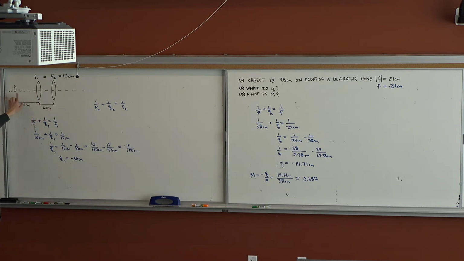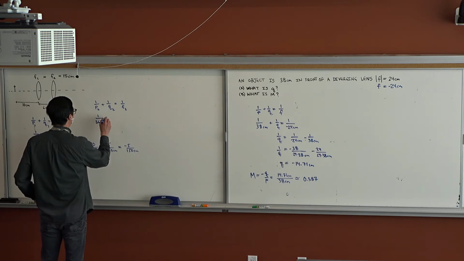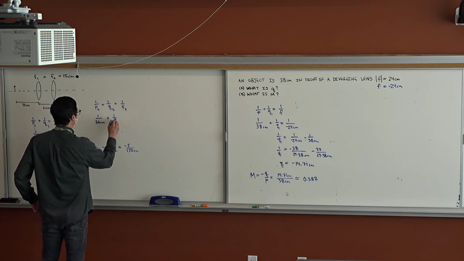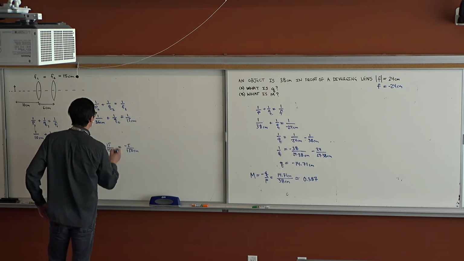That puts it 30 centimeters plus 6 centimeters in front of the second lens. And so we can say that 1 over 36 centimeters plus 1 over Q2 is 1 over 15 centimeters.